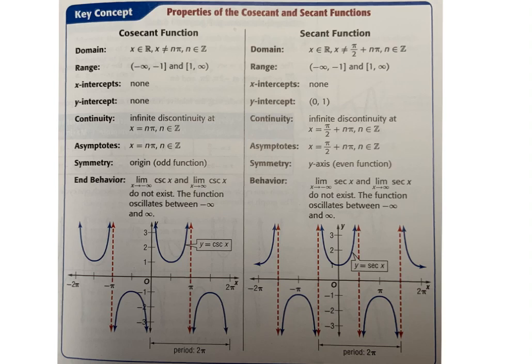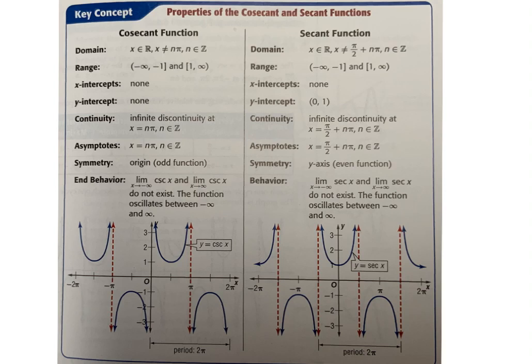All right, this is also a function that repeats itself. These look like little parabolas, right? And they flip-flop across. You'll notice that your cosecant, which is your reciprocal of your sine, on the 0 and on the pi has a vertical asymptote. This is where your sine value is 0.